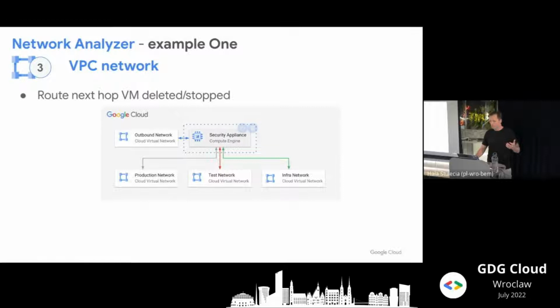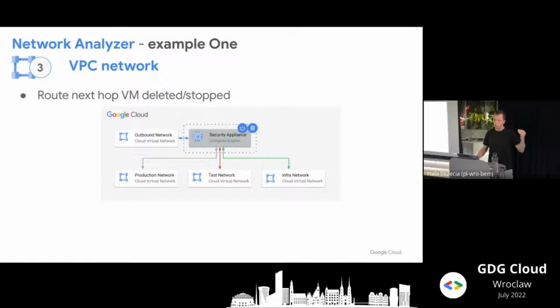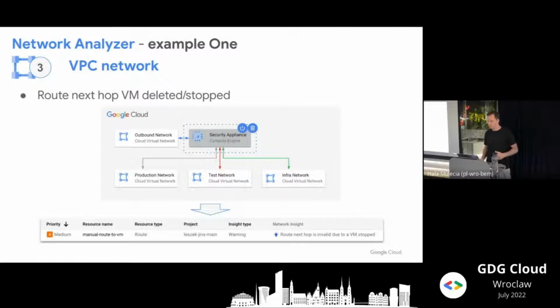So in the case when your security appliance is deleted, it's stopped, or is removed from an environment, or it's paused, the Network Analyzer will detect that trigger, and based on that trigger, it will give you the alert in the console, right? So that's the example of one of the checks.